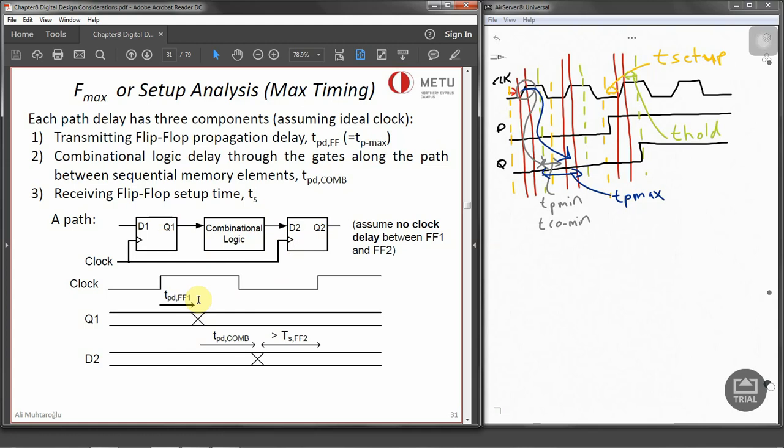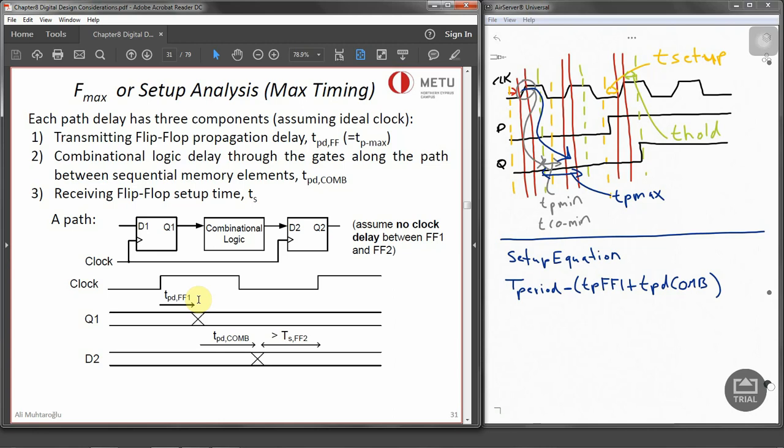So how do we write that? We can write that as the setup equation. The setup equation tells us that T period min minus the propagation delay of flip-flop 1 plus the propagation delay of the combinational logic has to be greater than the setup time of flip-flop 2.